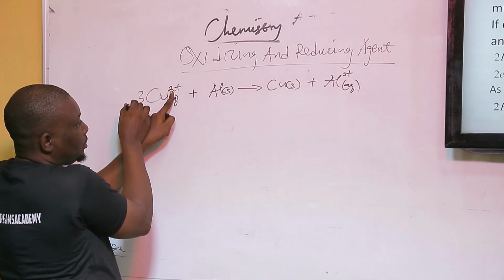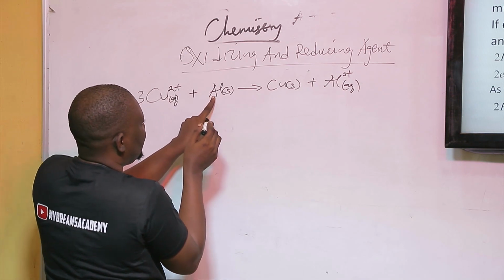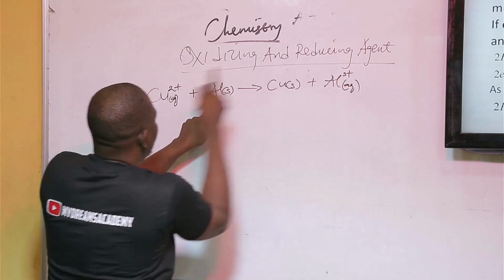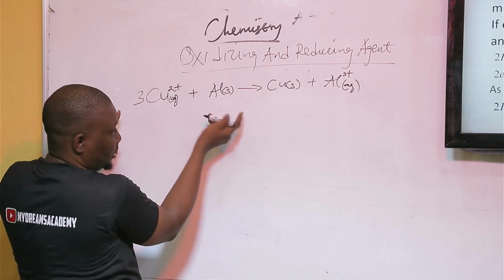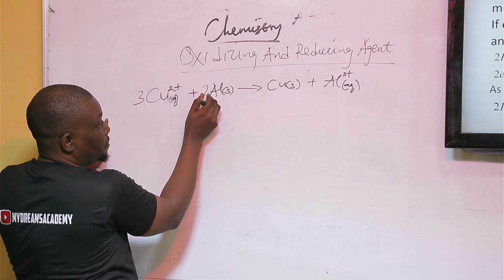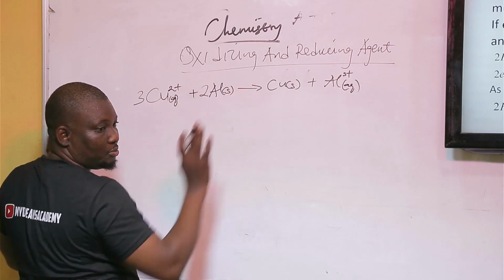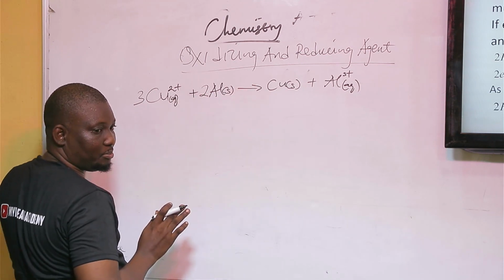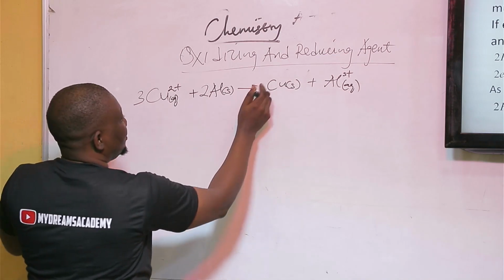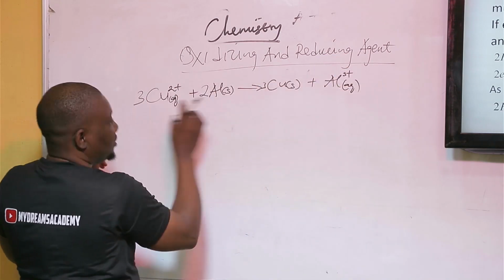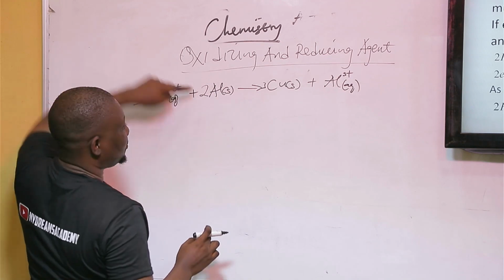Are you with me? Since aluminium has 3 and copper has a 2 charge, exchange it. 2 goes here. Anywhere you see aluminium, put 2 to it. Anywhere you see copper, put 3. So this 3 is from aluminium. This 2 is from copper.